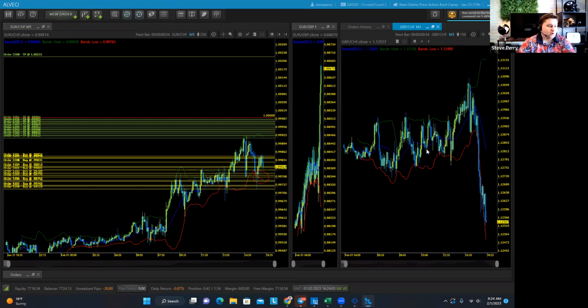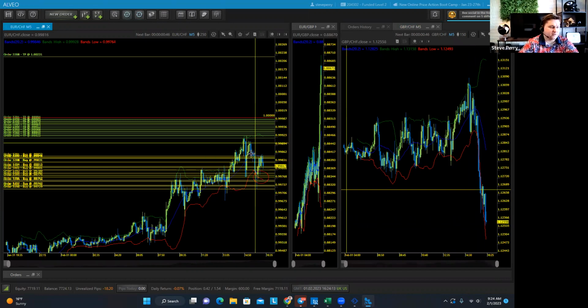And so, okay, also another note, notice how the pound franc has given back and has gone even further down. So has the Euro franc, because of the franc's sheer bruteness right now. The franc itself has been very strong, which has caused this to come down. But notice how this guy hasn't come down.